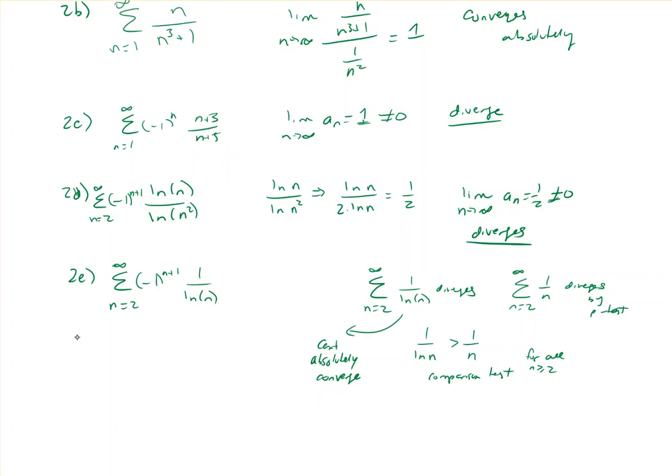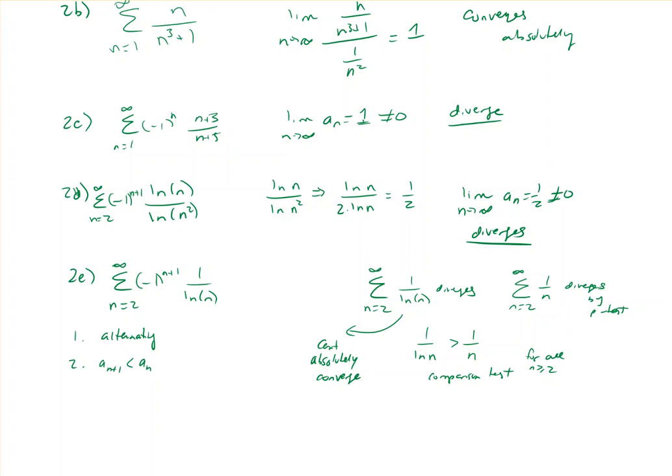Does it conditionally converge? 1, it's alternating. Dead giveaway right here. That's a huge giveaway. 2, is it getting smaller and smaller? Well, yeah, because it's ln of 2, then ln of 3, then ln of 4. Each denominator is getting slightly bigger, so therefore each term is slightly smaller.